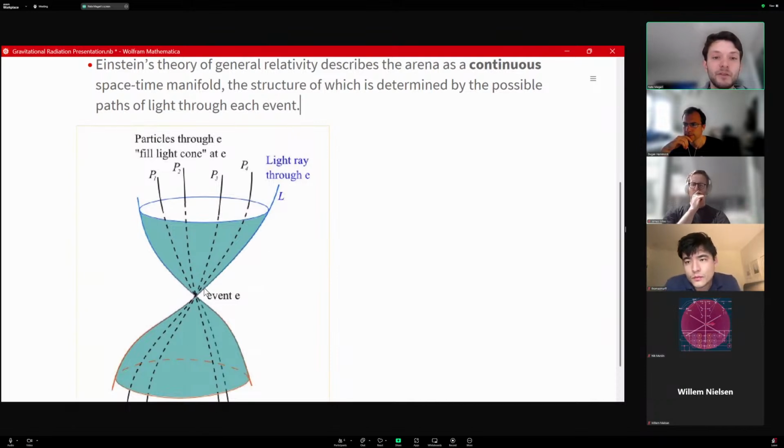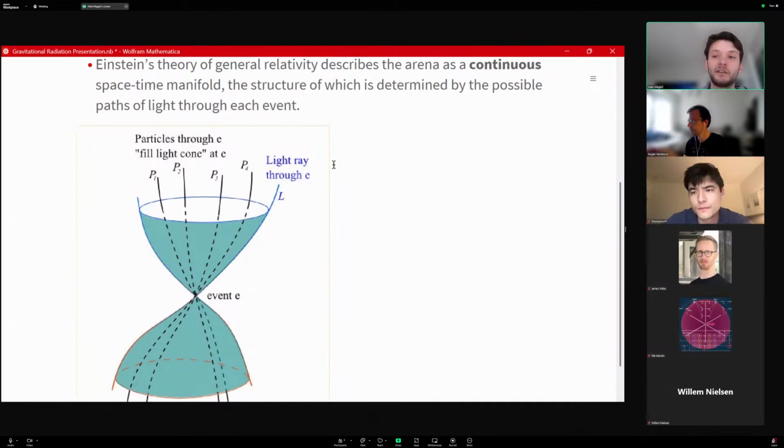And for flat space, which is devoid of any mass or energy, these are perfect cones where the circles just spread out at the speed of light. But overall, even though that's the local geometry, the global geometry can be curved. And so one particular example of that is if we have a black hole, these light cones are curved so that the future paths of light.